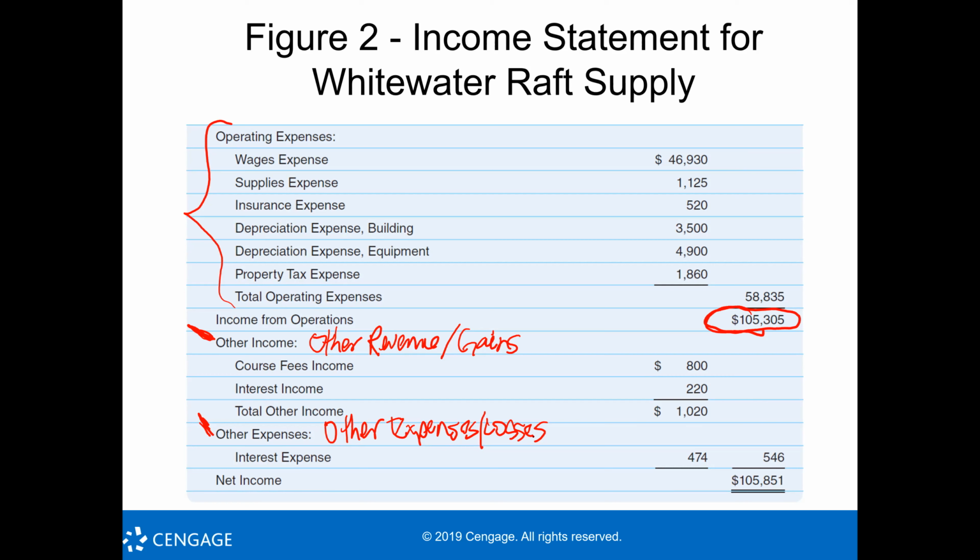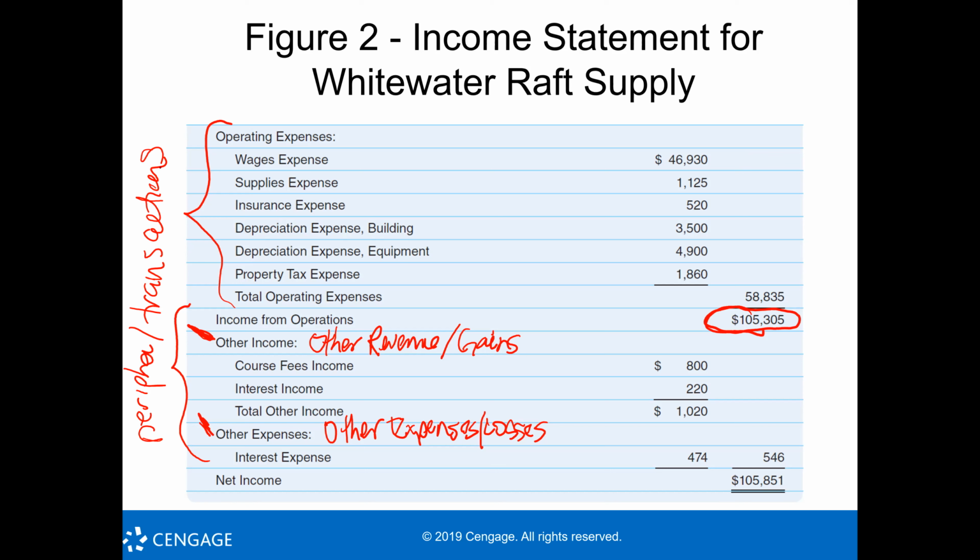Where other income, other expenses, this is from what are called side transactions or peripheral transactions, not in the normal course of business.